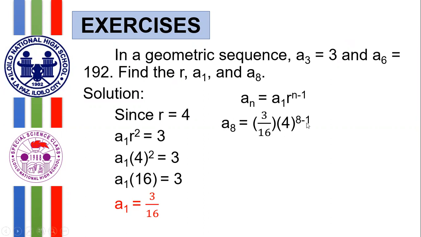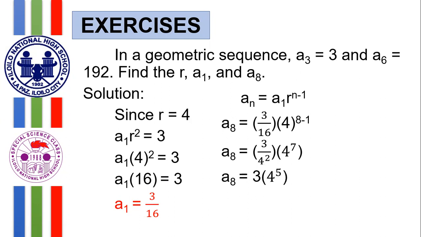Be reminded again that the exponent here is that of your r, which is 4, not of 3 over 16. So I expressed 3 over 16 with 4 squared because anyway, same base here. This is 4 raised to 7.